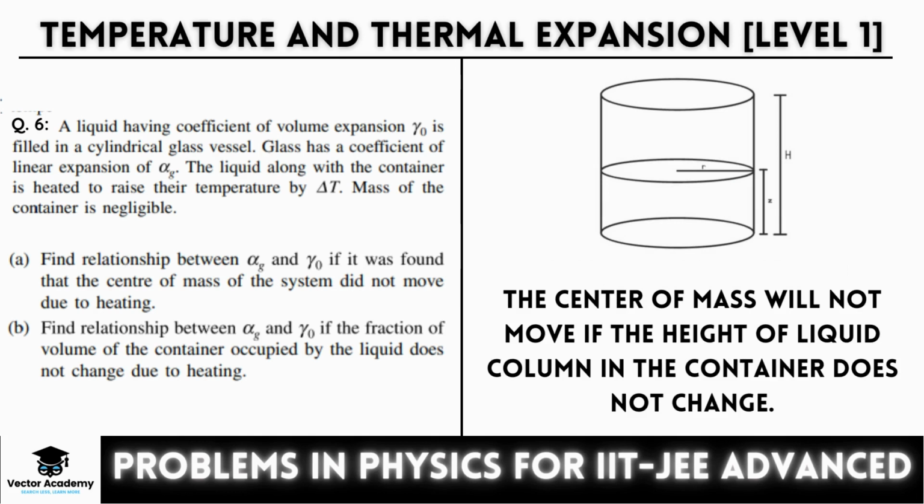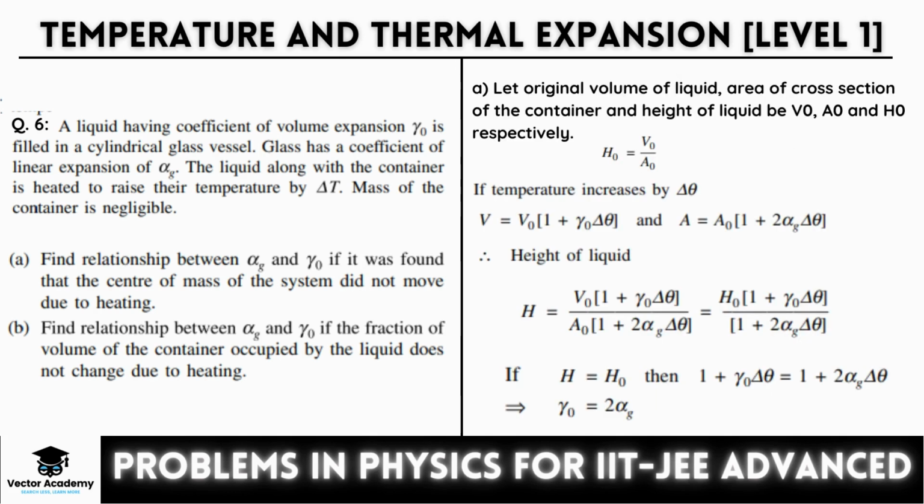The center of mass will not move if the height of liquid column in the container does not change. Let original volume of liquid, area of cross-section of the container and height of liquid be V0, A0 and H0 respectively. Then we have H0 equals V0 divided by A0.